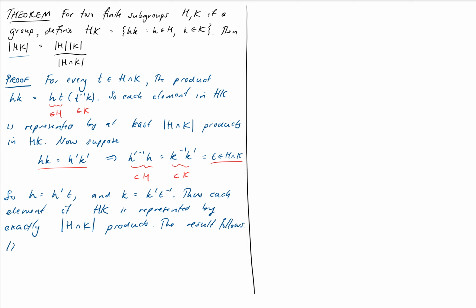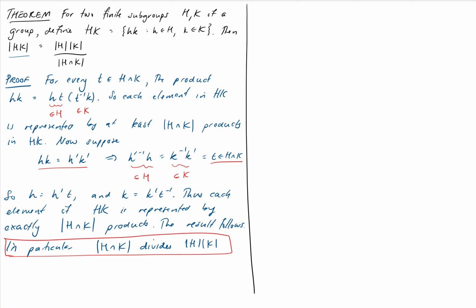Okay, the key thing to note here is, in particular, the intersection divides the product. And that's the fact that we're going to make use of in our next biggish theorem. So that's what we want to keep in the back of our heads.